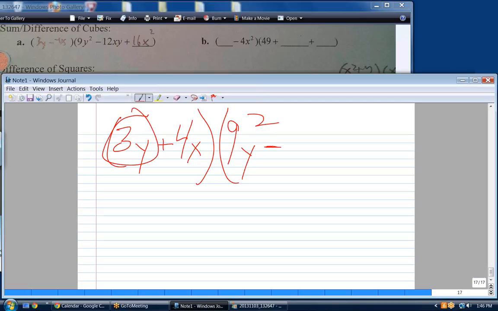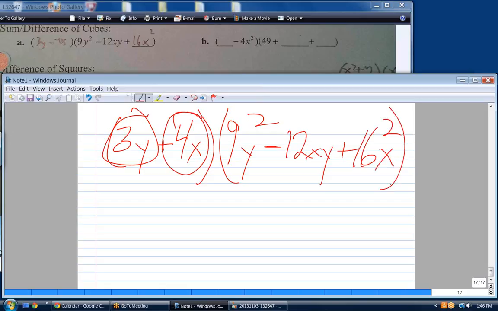This is opposite sign, the product of those two terms, so that's 12xy. And this last term is this term squared, 16x squared. So you got everything right except the sign is always opposite, whether you're doing sum or difference, this is opposite from this.